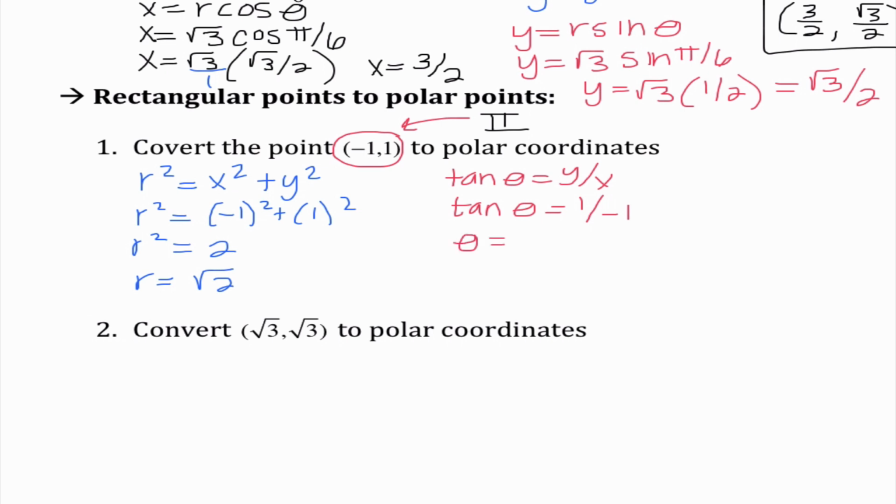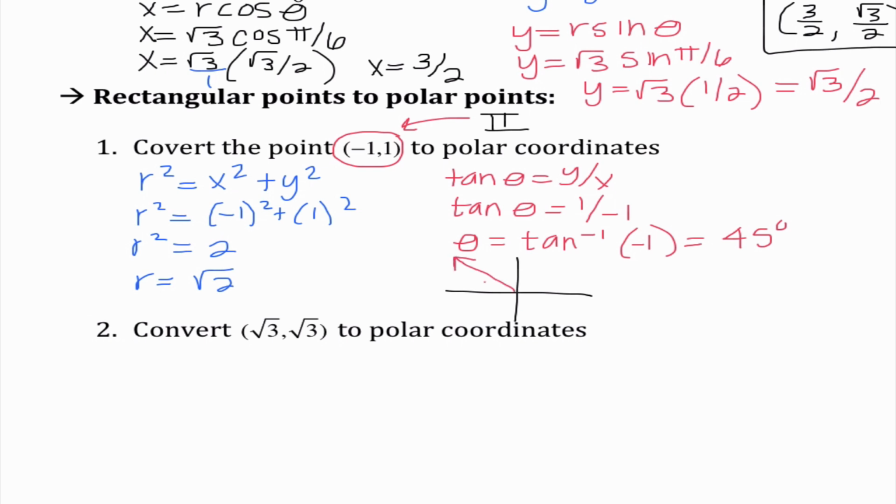So that means that theta is equal to tan inverse of negative 1, which if we put that into our calculator, gives us 45 degrees. Now, we need to think a little bit about this. If I'm graphing this, we know that it should be in quadrant 2.